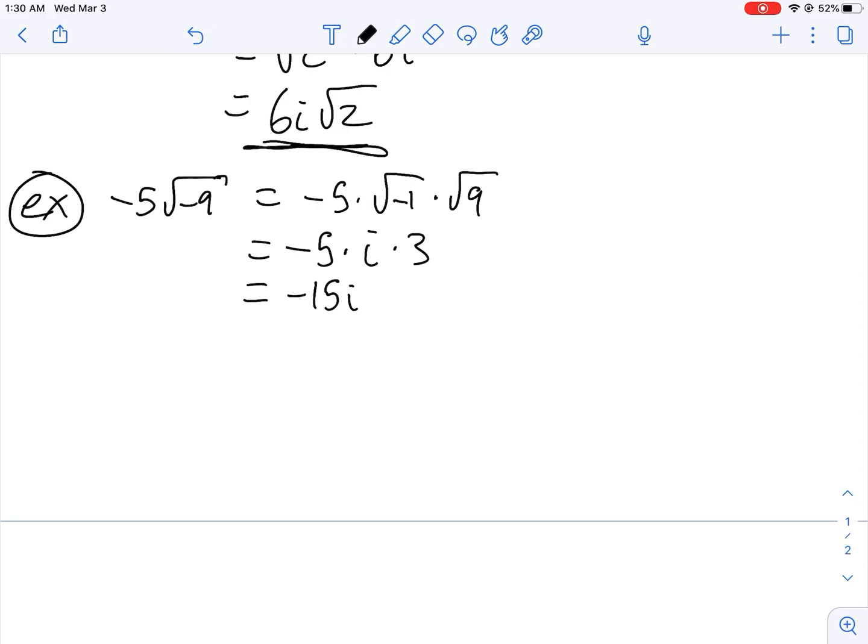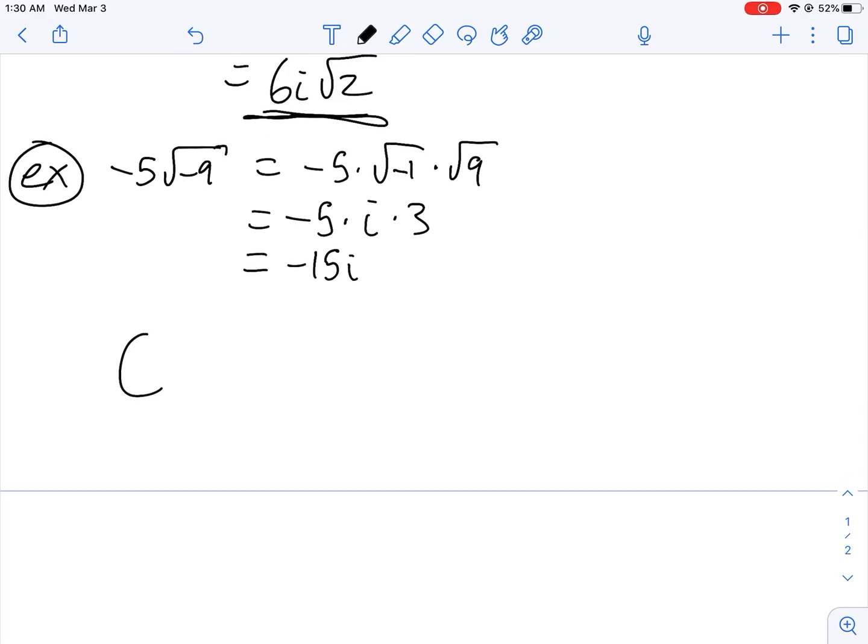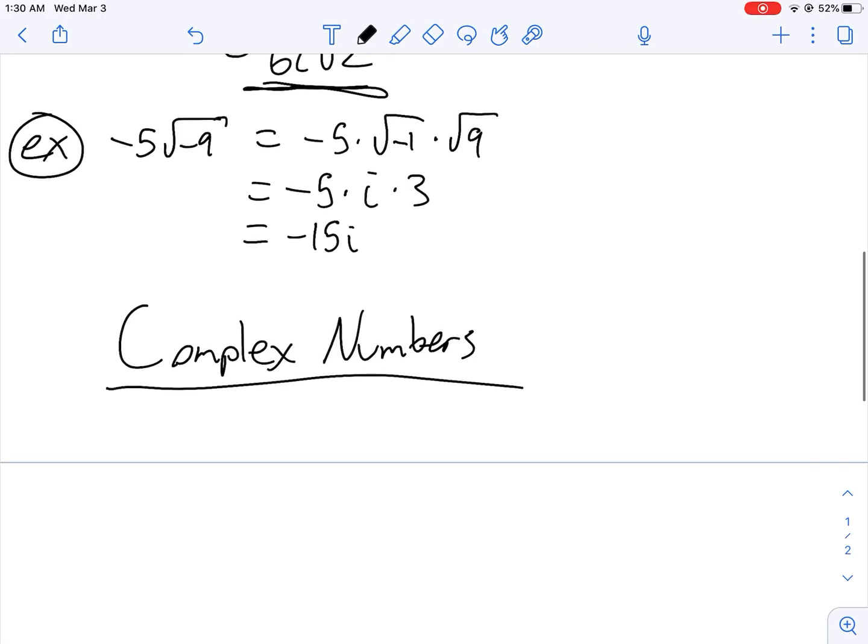But what we want to get into is complex numbers. So the next step in looking at these weird numbers are complex numbers. And complex numbers are of the form a plus bi. So a plus bi is a complex number.